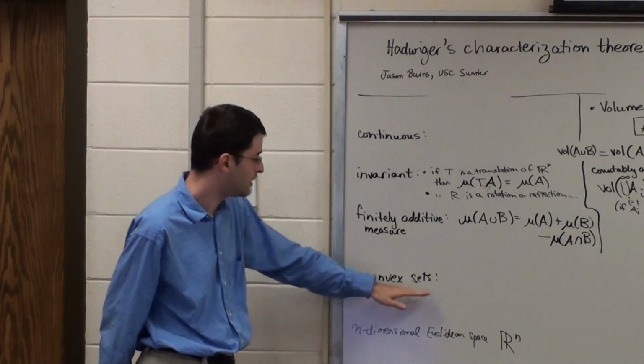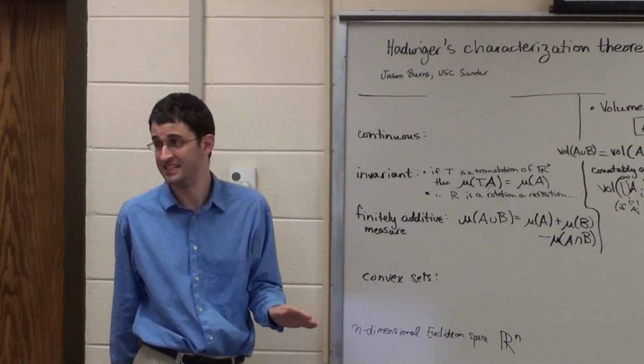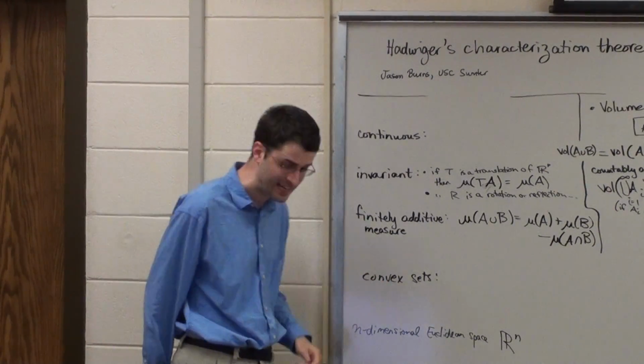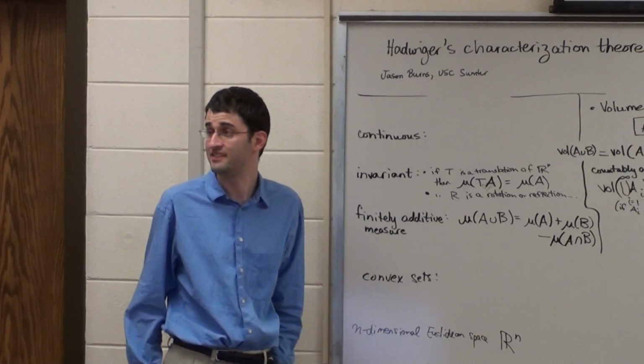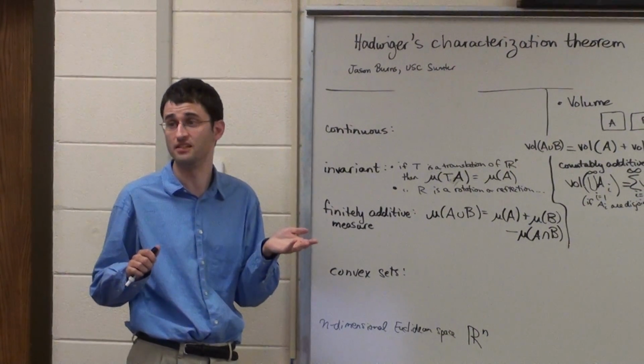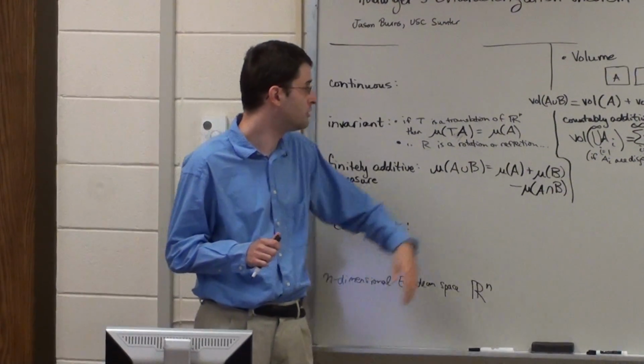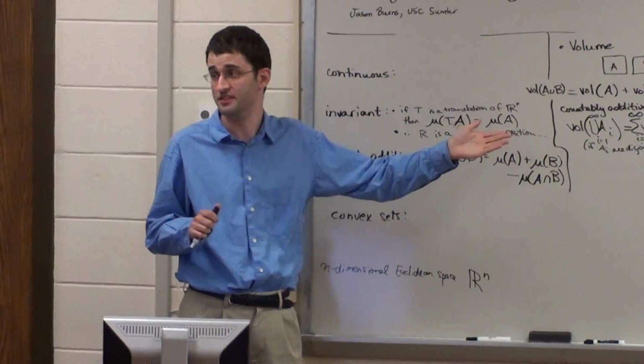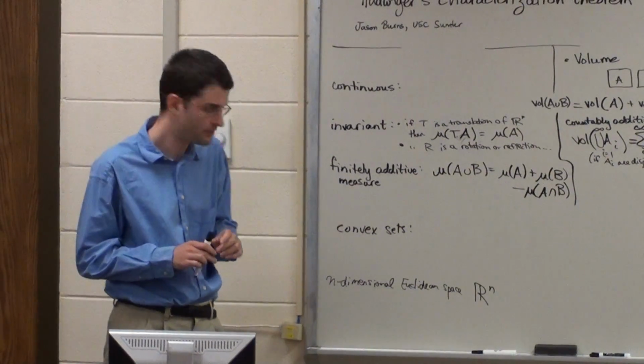And the other thing we're going to do is work with some nice families of sets. So say convex sets are a reasonably nice thing. If you want to do unions of convex sets, that's fine, as long as you don't try countable unions. Finite unions of convex sets will work fine.